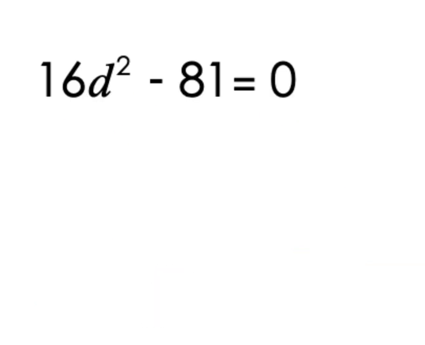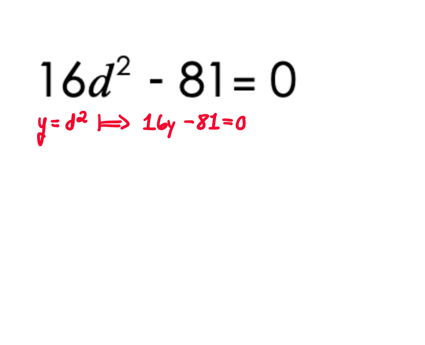Okay, let's do some examples. So we have 16d squared minus 81 equals 0. So first, I'm going to do the same method I have done this whole time. I'm going to let y equal d to the second power. So we get 16y minus 81 equals 0.